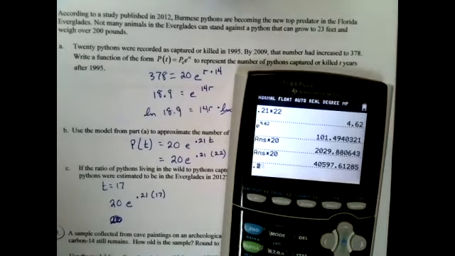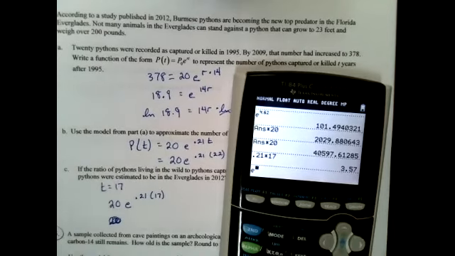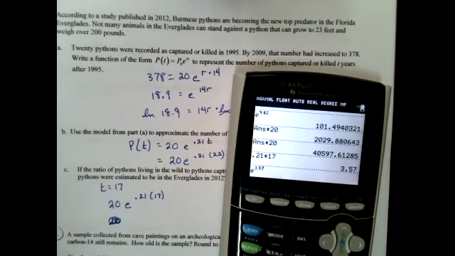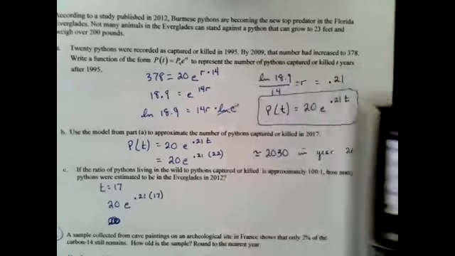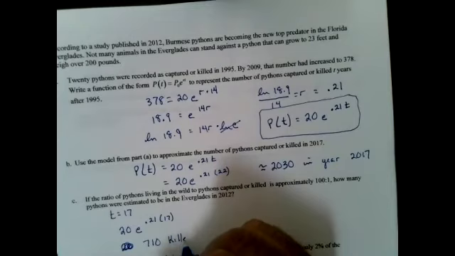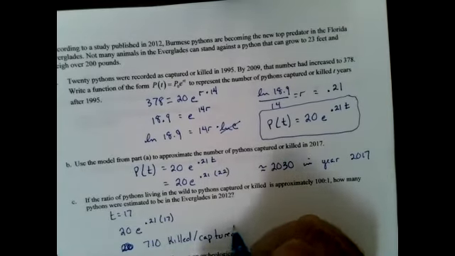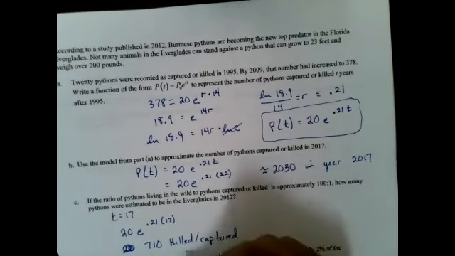I'm going to do 0.21 times 17. I'm going to do e raised to the 3.57 power. I'm going to multiply by 20. So that means there were 710 killed or captured in 2012.